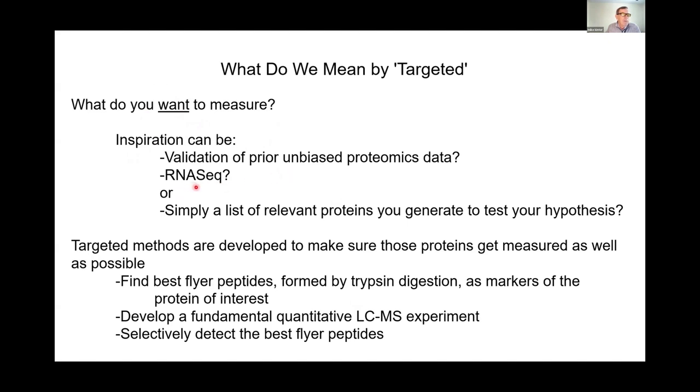We've had people come to us with RNA-seq data and observations from their RNA-seq experiment, and want to measure a particular group of proteins based on that. And then, I think this is a little bit underappreciated but probably is most of what we actually do, people come to us with a list of relevant proteins that they want to look at to test their hypothesis.